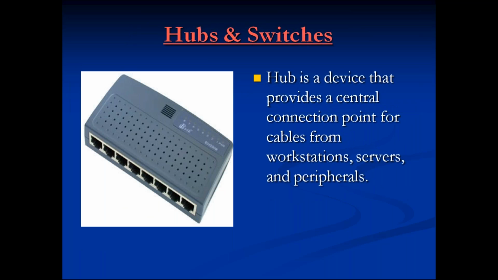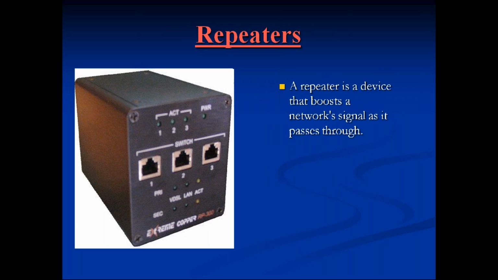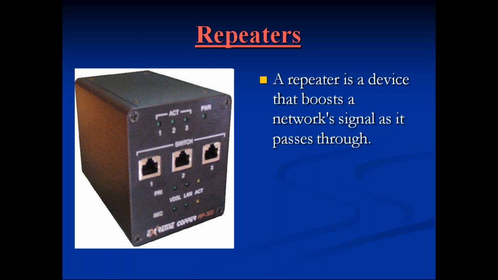Next, hubs or switches is a device that provide a central connection point for cable from workstations to servers and peripherals. Peripherals means like printer, directly you can connect to your network, printer, some other devices. So repeater is a device that boosts a network signal as it passes through. For example, you have 500 meters network in your office.